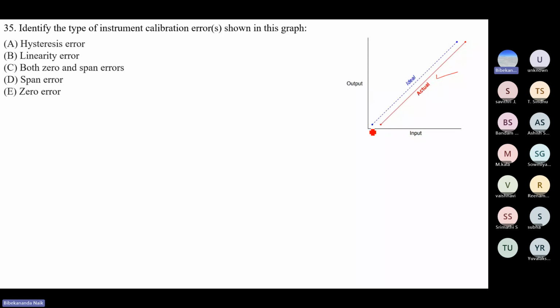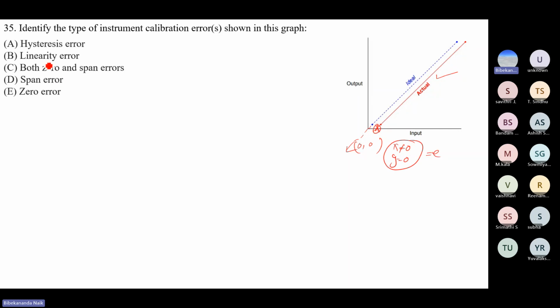As you can see, the ideal graph was passing through the origin, but here you can see the graph is not passing through 0. It has some value at x equal to 0. So it has some error here.